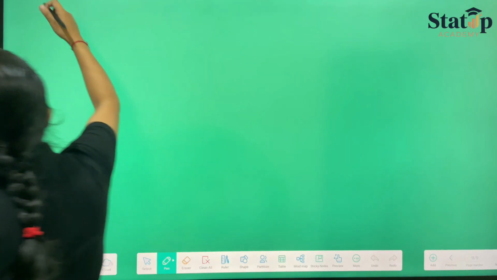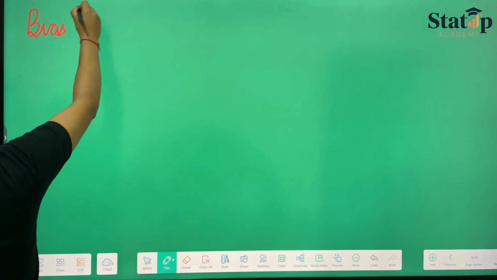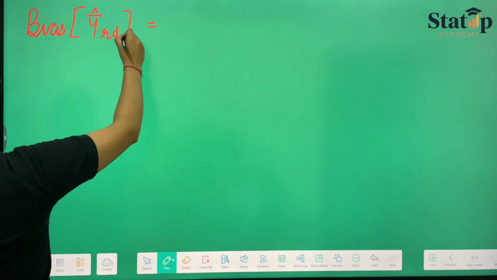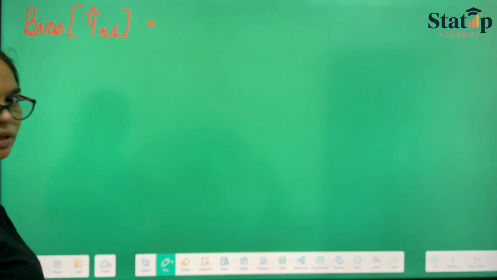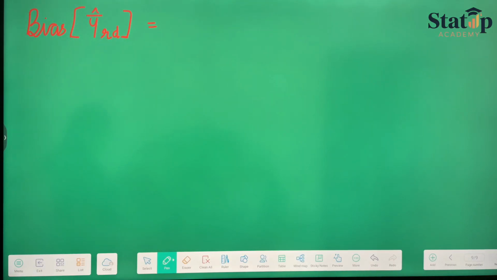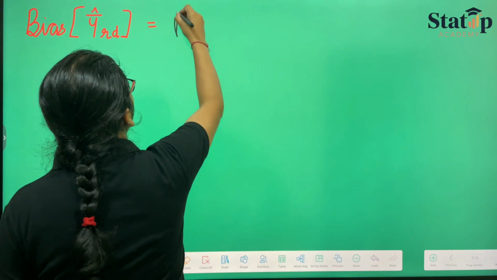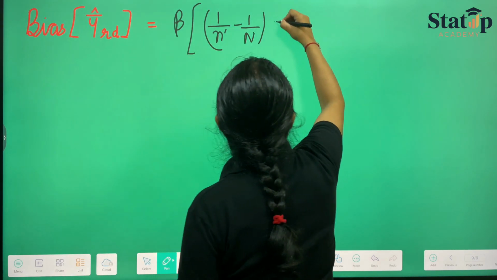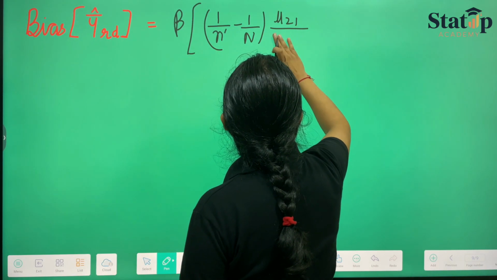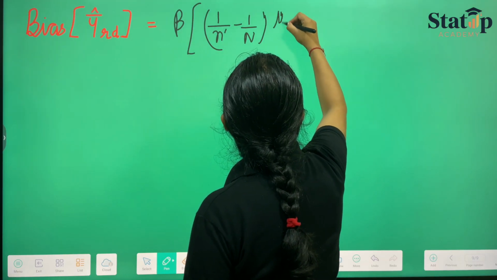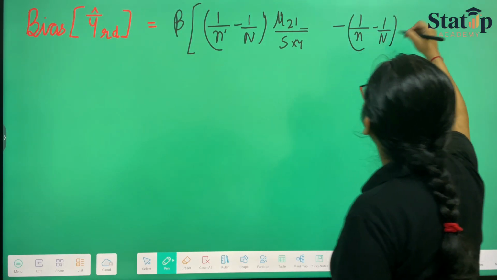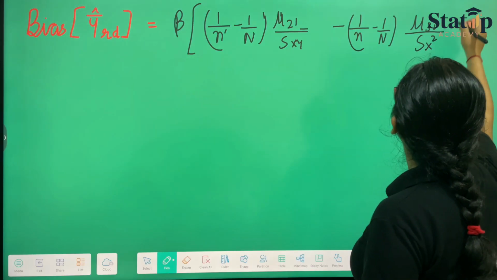And taking the common terms, we will be getting the bias of the mean of the regression estimator in double sampling: beta (1 upon n prime minus 1 upon capital N) (mu 21 upon Sxy minus mu 30 upon Sx square) minus (1 upon n minus 1 upon capital N) (mu 21 upon Sxy minus mu 30 upon Sx square).